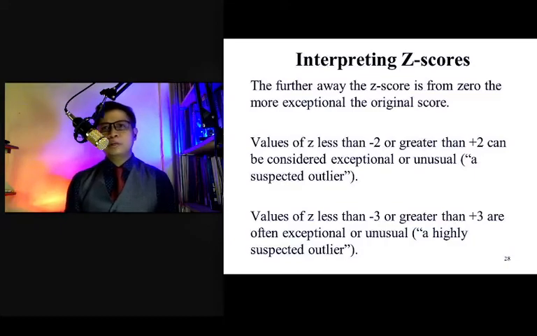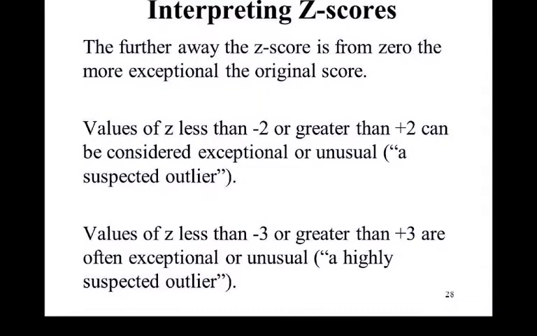O ngayon, just some general guidelines, no, on how to interpret z-scores. The further away the z-score is from 0, the more exceptional the original score is. Kaya nga sabi ko, yung mga z-scores na makikita mo sa kanang bahagi above 0, ito yung mga scores na pasado papuntang excellent. Values of z less than negative 2 or greater than positive 2 can be considered exceptional or unusual, or in some other terms, outlier.